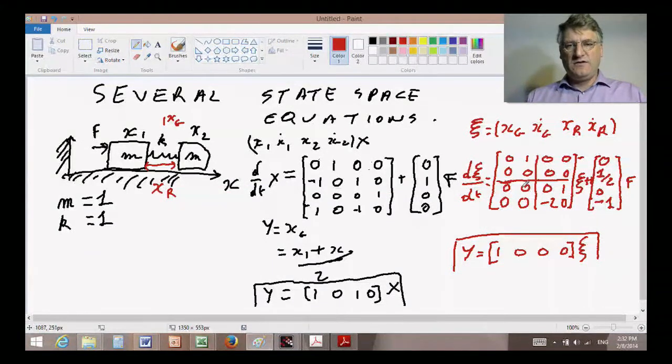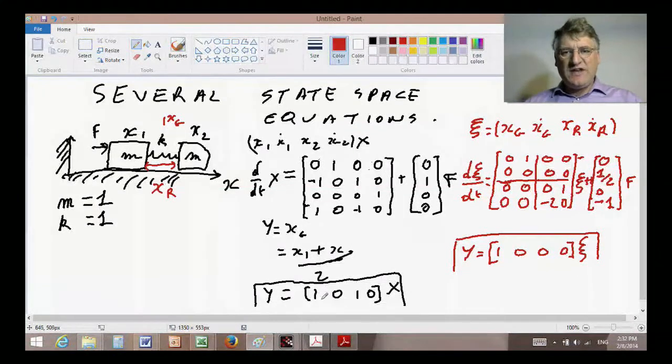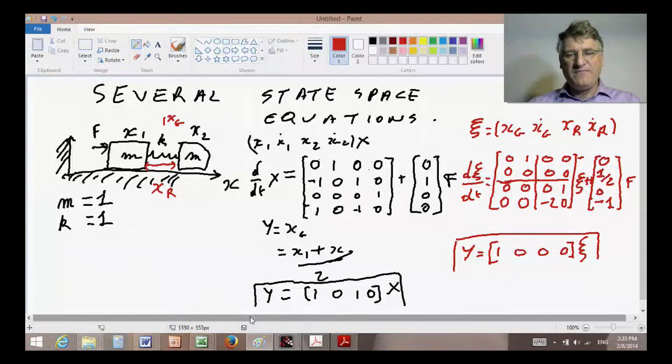Second, there is a lot more structure in this representation than in that representation. In this representation, we don't have much immediate understanding of the system. And in particular, it is not obvious that the system can be greatly simplified. Whereas here, the system can be greatly simplified.